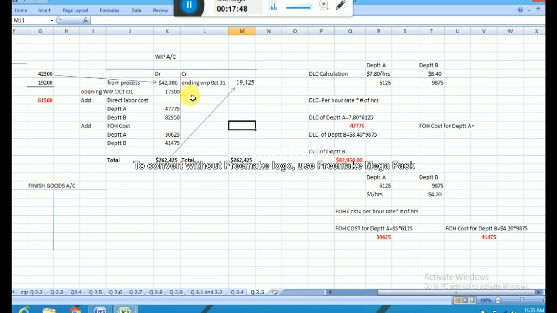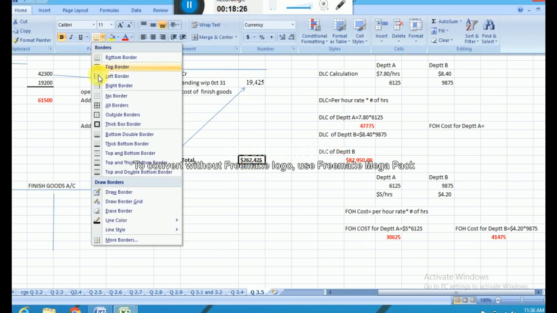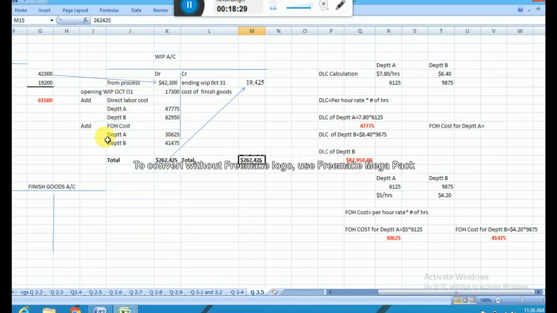Now, how much is the cost of finished goods? Look at what we add with the 19,425, that it will also equal 2,62,425.